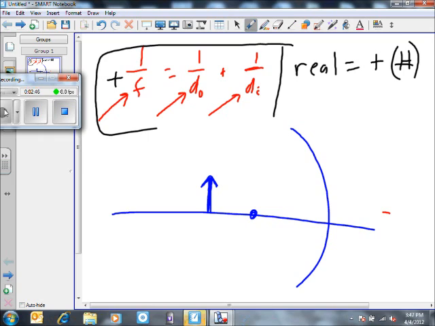if we use ray tracing, there are three rays that we're always going to be using. We only need to use two, but there are three possibilities. But before we talk about that, since light is spherical in nature, you'll get rays coming off in all directions. And that's why you can see this image over here, here, over here.